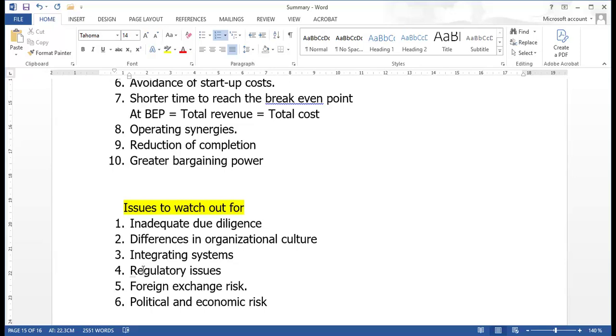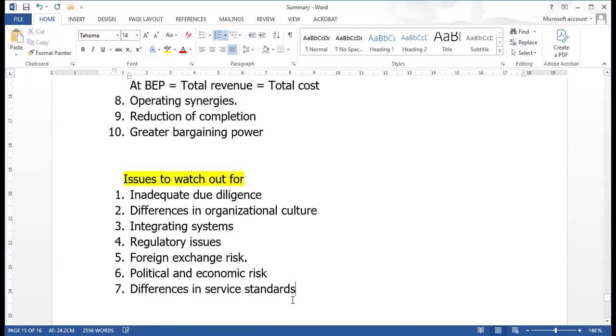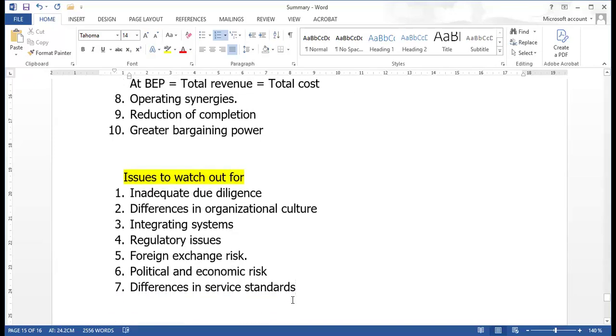Among others, we normally have differences. If you don't watch out for differences in the service standards, it can affect you as well, because we have different standards in terms of room quality, customer care, food preparation, cleanliness, all those.